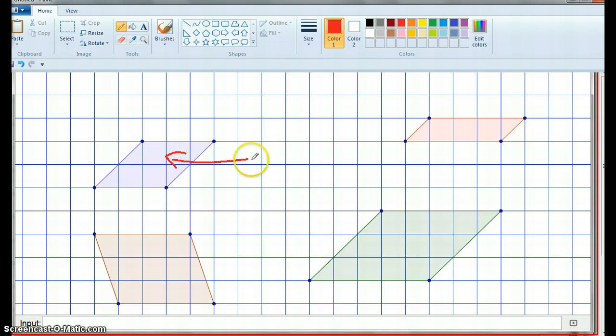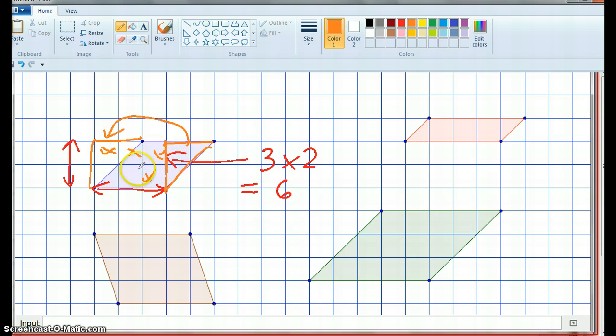How much? 3. So the 3 is this way. And what's our height? 2. So we get 6. The other way of looking at it is imagining that triangle there moving to there. And we've got 1, 2, 3, 4, 5, 6.